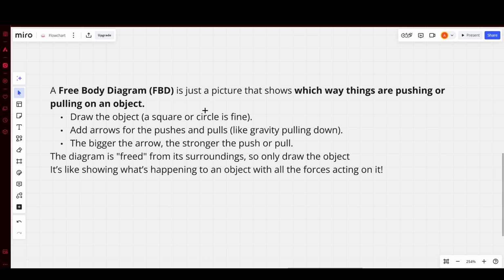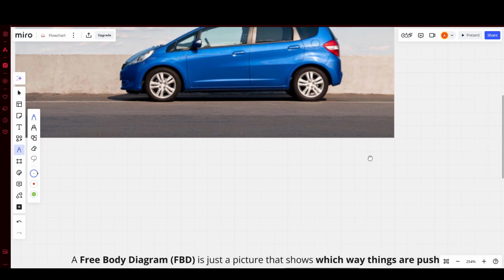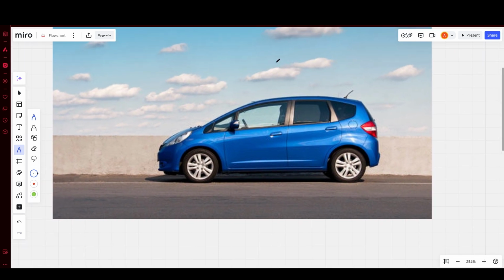I'll give you an example. Here we have this car, it's not moving. Let's draw the free body diagram for the car. Here is the car. We'll draw it as a rectangle. Obviously, gravity is pulling the car down into the ground. The gravity of the earth is keeping the car grounded.